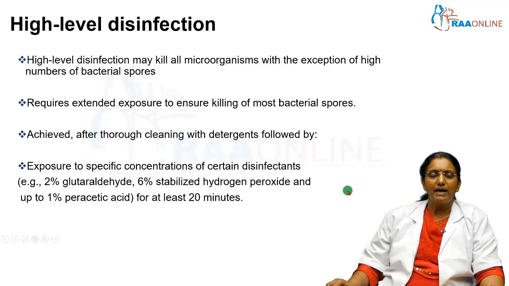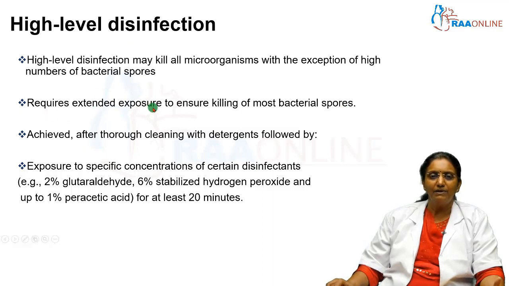When you say high level disinfection, it means it can kill all the microorganisms with the exception of a high number of bacterial spores. The bacterial spore number may be reduced, but spores may still be there. Suppose you want to kill most of the bacterial spores, that will require extended exposure to the disinfectant.